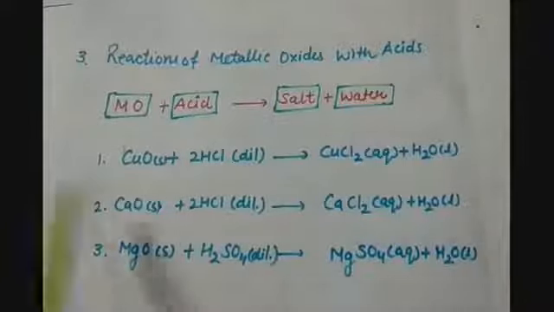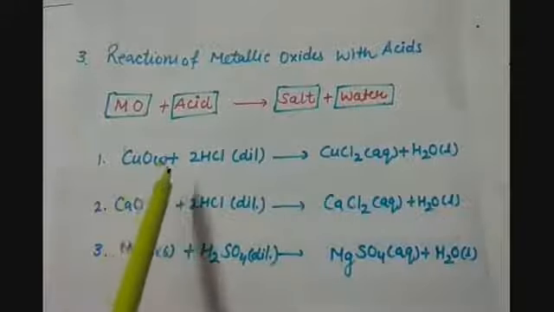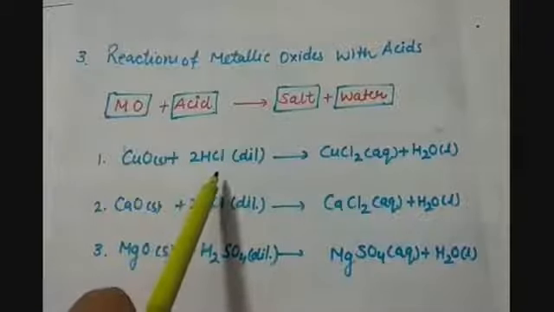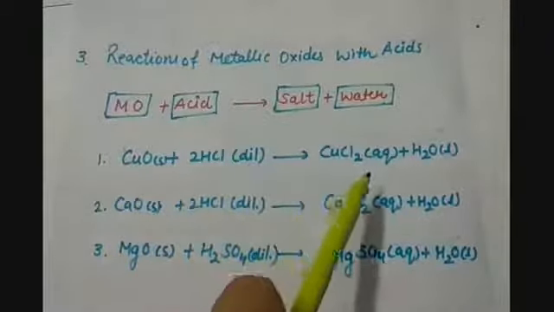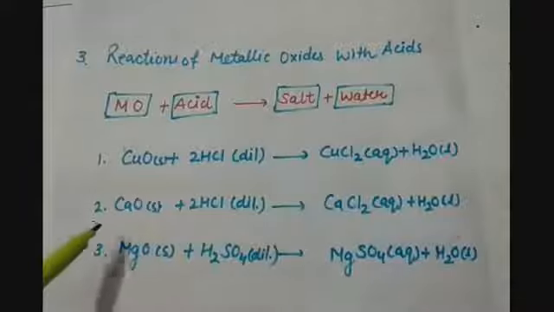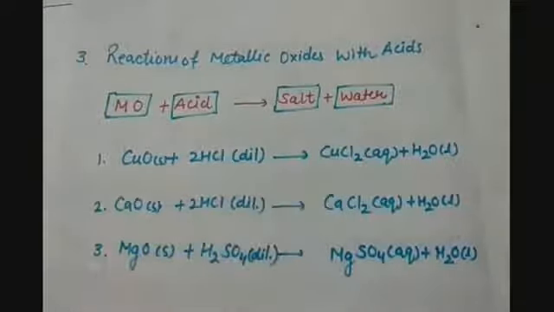Here we have some examples of metal oxides, like copper oxide. When copper oxide in solid form reacts with dilute hydrochloric acid, it forms copper chloride and water. The same happens with calcium oxide, which reacts with dilute hydrochloric acid and gives calcium chloride and water, and magnesium oxide, which reacts with dilute sulfuric acid and forms magnesium sulfate.